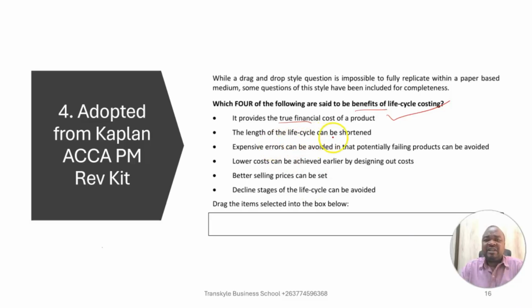The length of the life cycle can be shortened. The idea of life cycle costing isn't really to reduce the life cycle of the product. Why? Because the longer the life cycle, the better in terms of maximum utility, in terms of gaining more return on the product.